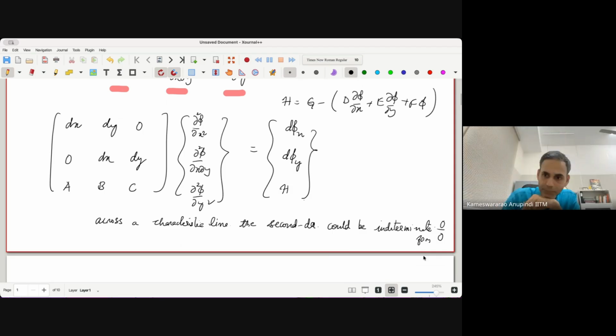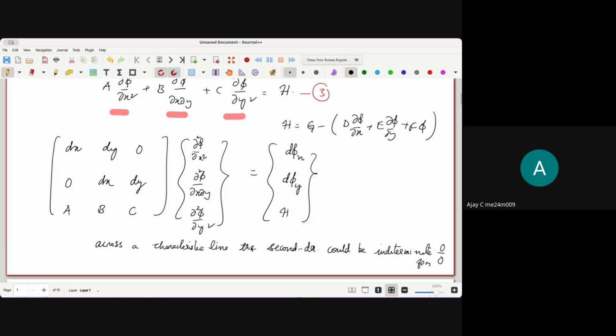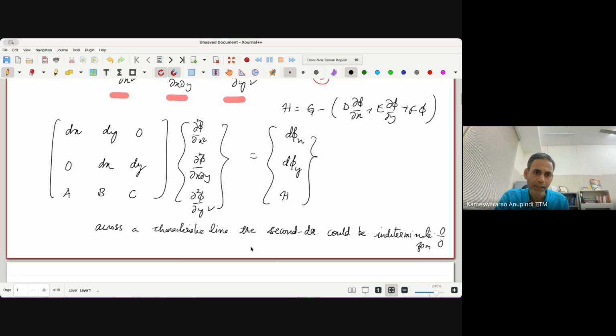Sir, is it like across or along or both, sir? Yeah, essentially it is along a characteristic and across as well. What we're trying to do is that along the characteristic, it is going to be indeterminate, and then when you cross it from this point to this point, you take the differentials dx dy tending to 0. So essentially, you are actually lying on the characteristic line. The definition is that along the characteristic line, they are going to be indeterminate.